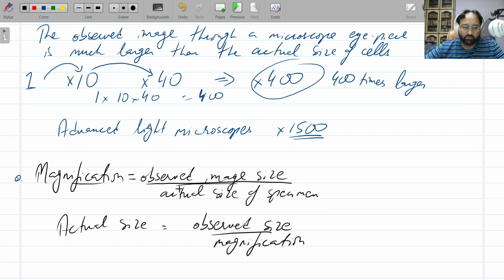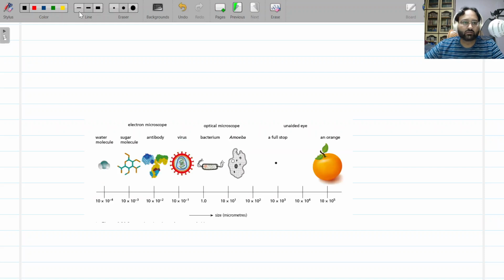Now, to be able to do this, you need to understand what scale the observed and the actual size are in. It's all measured in meters, and this should be easy because you've done physics and the conversions.